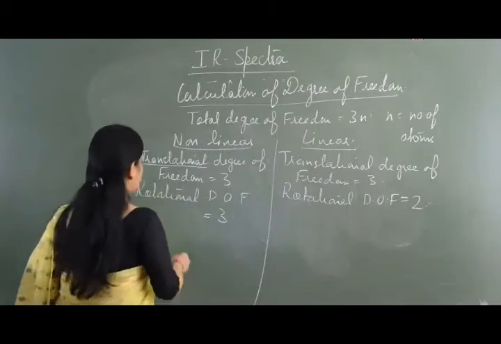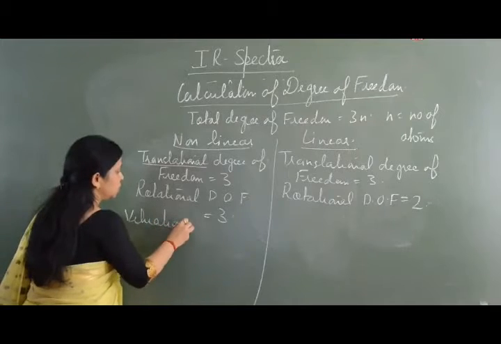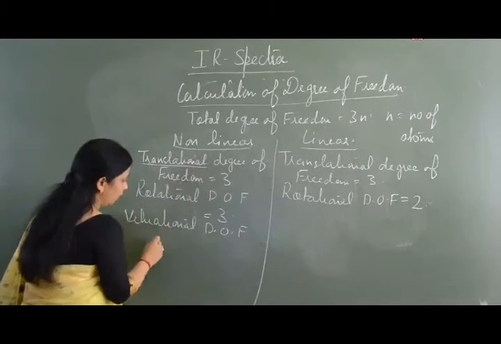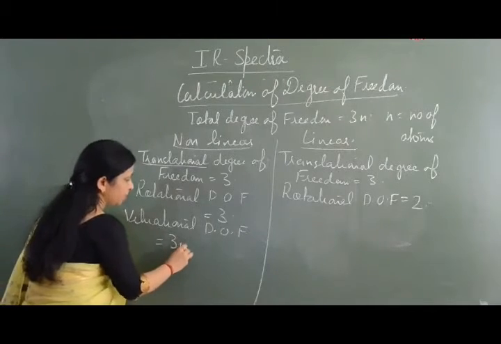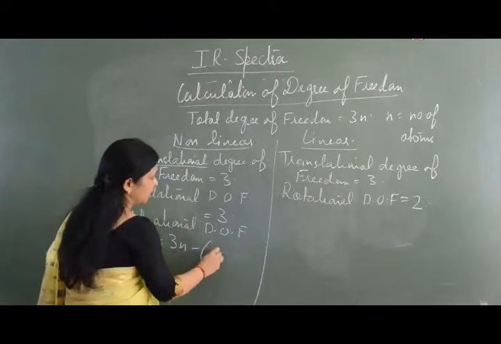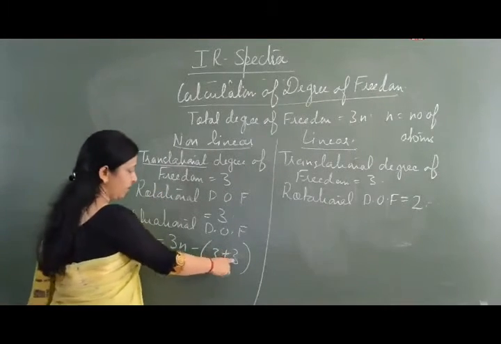And from this I calculate the vibrational degree of freedom. So the vibrational degree of freedom in the case of a non-linear molecule is given by 3n, which is the total number of freedoms, minus 3 plus 3, that is 3 translational and 3 rotational.